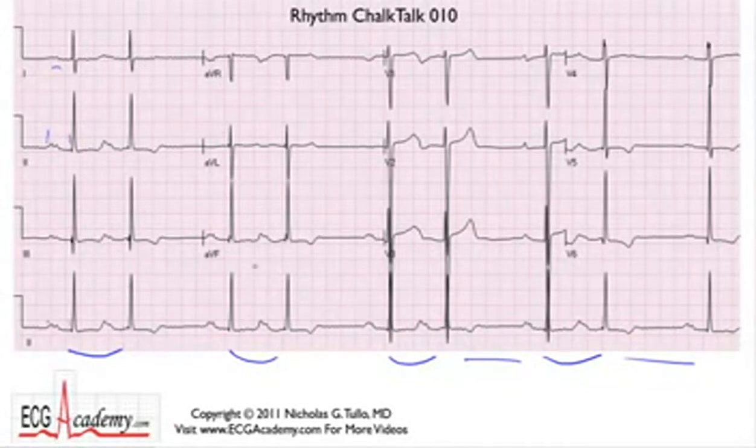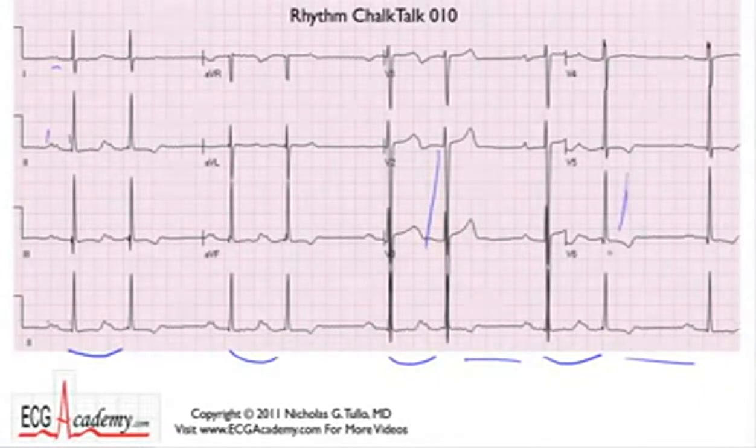And if you look at AVF, you have an upright P wave here. So it does seem to be a sinus mechanism of some kind because the P's are up in one in AVF. And when you're looking at the 12 lead on the whole, you can see the voltage is extremely generous. You clearly have criteria for LVH with a very deep S wave in V2 and a tall R wave in V6.